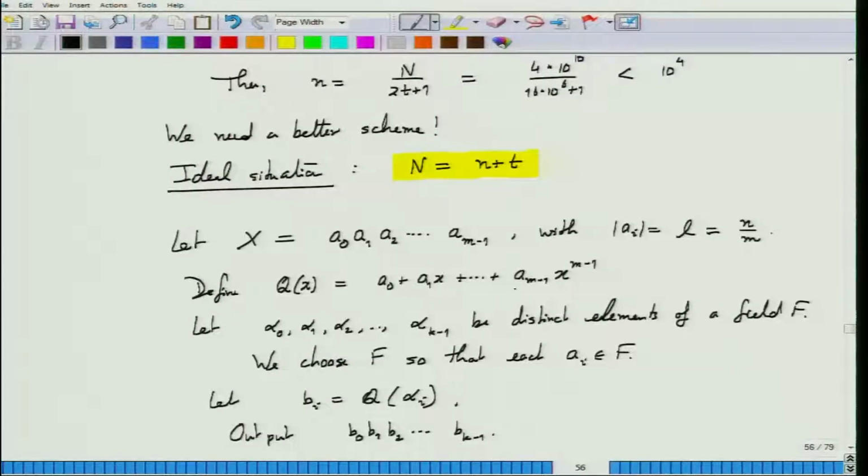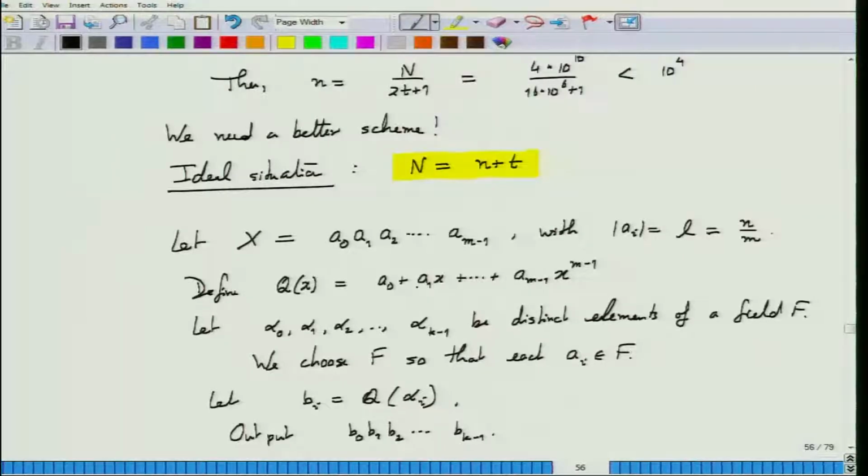It's a degree m minus 1 polynomial. Let's say the maximum of alpha_i. In fact, since we have to choose k alpha_i, it could simply be 1 to k. We could have done with any k alpha_i. So the maximum is k.